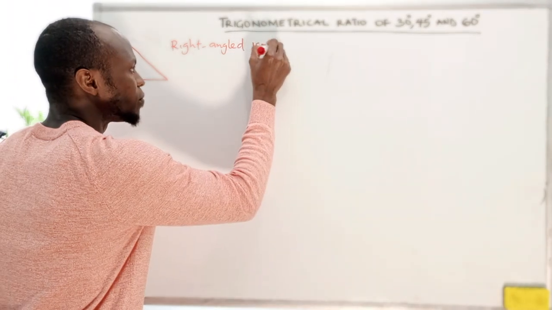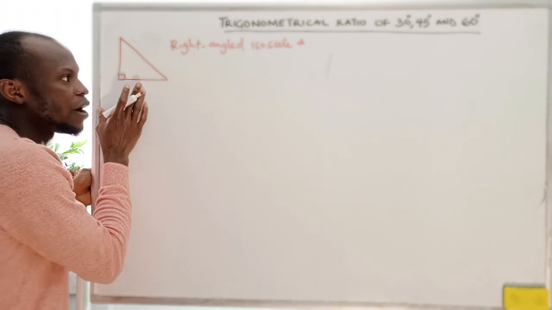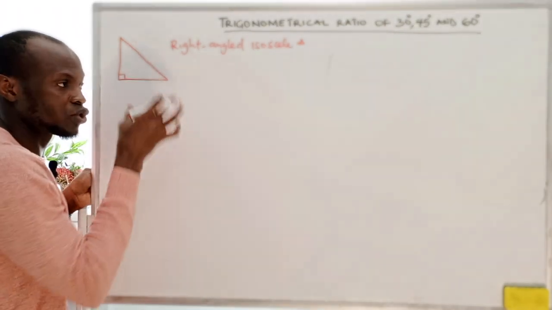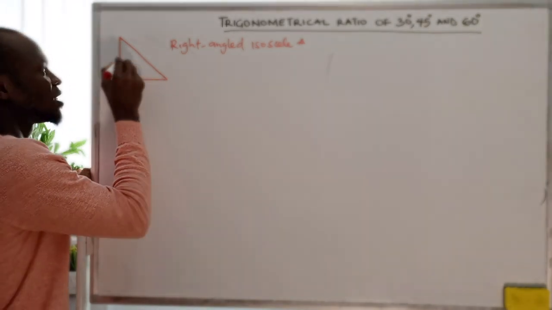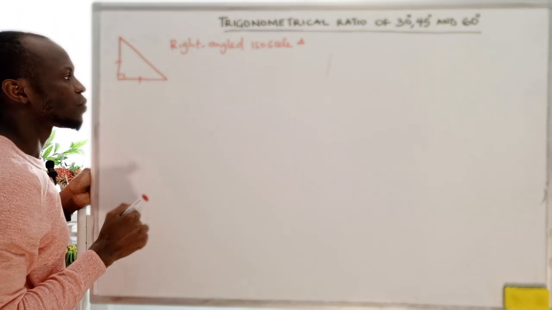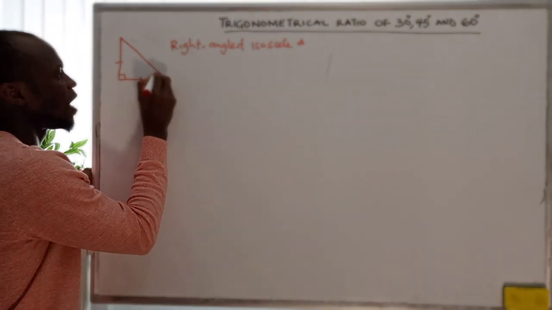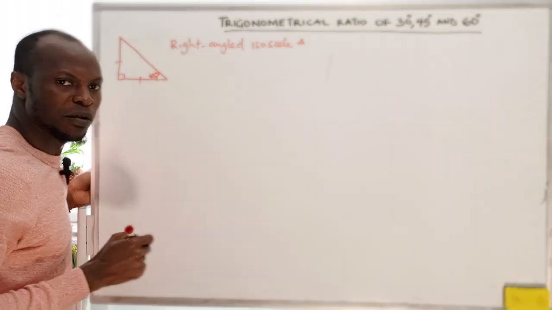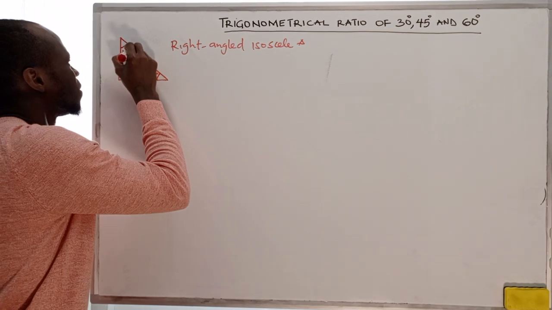That means this triangle will have two properties. It is a right angle triangle and it has isosceles sides. That shows that two of its sides are equal. So automatically, this angle will be 45 degree and this other angle too will be 45 degree. All right? Are we following?